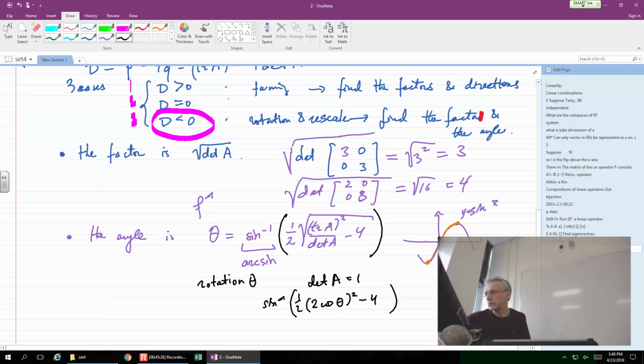I'm sorry, I missed the square root over here. Okay, so what does it produce? Arc sine of 4 cosine squared minus 1.